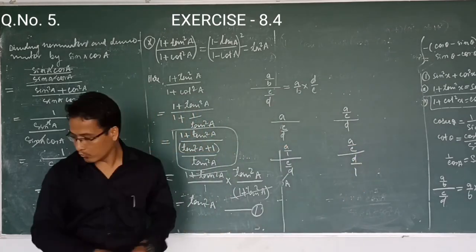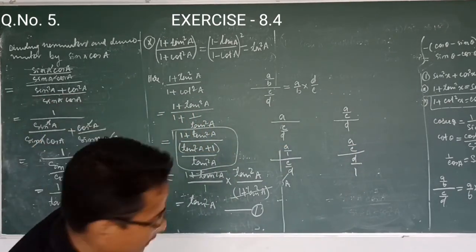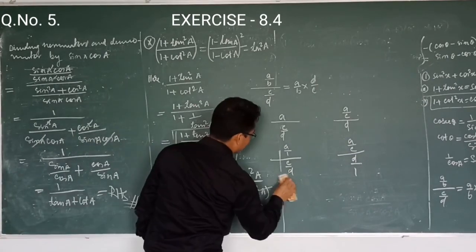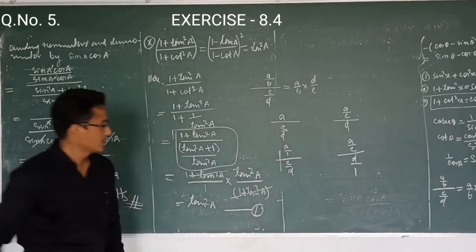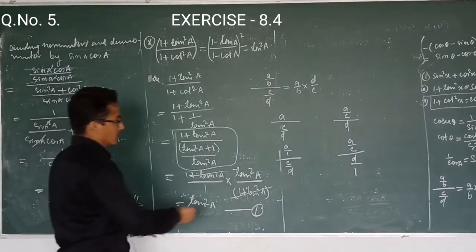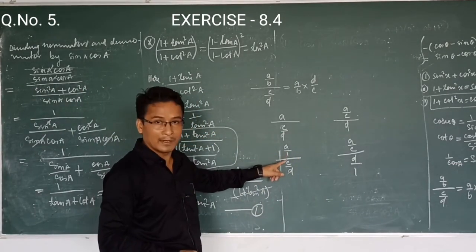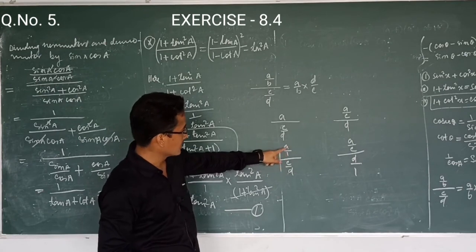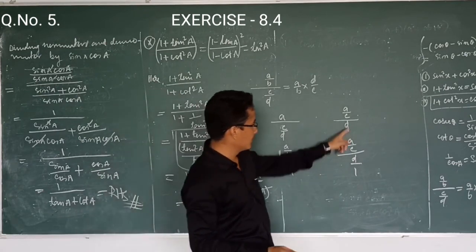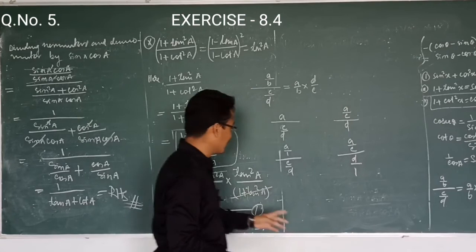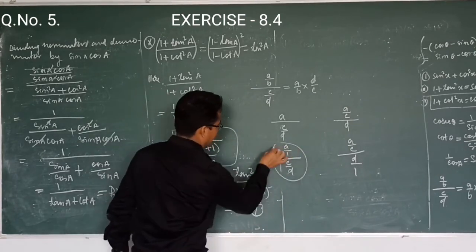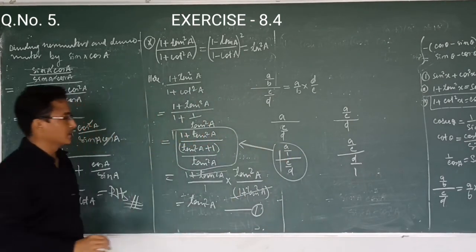So where we put 1, let's see properly. In the first case, I will put 1 just in the denominator of a, as the denominator of this a. Now this one is this.